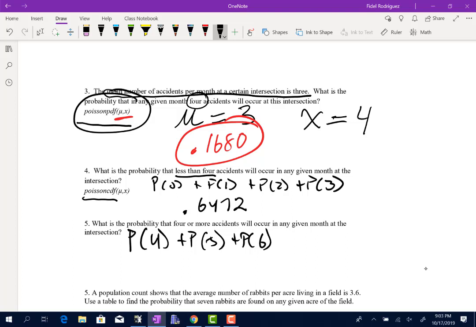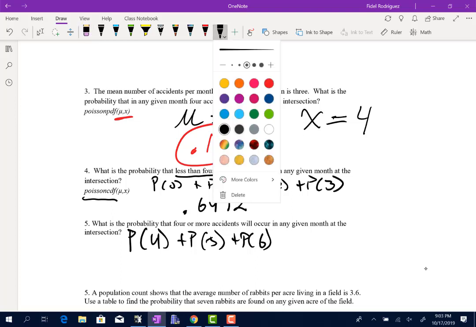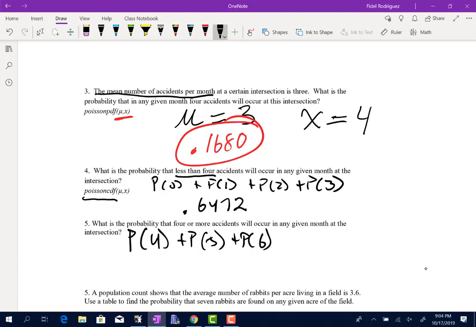Right, but look at the question. So, guys, I want you to think about the original question, right? The original question is talking about what? The number of what, guys? The number of accidents, what? Per month. Okay, let me ask you a question.